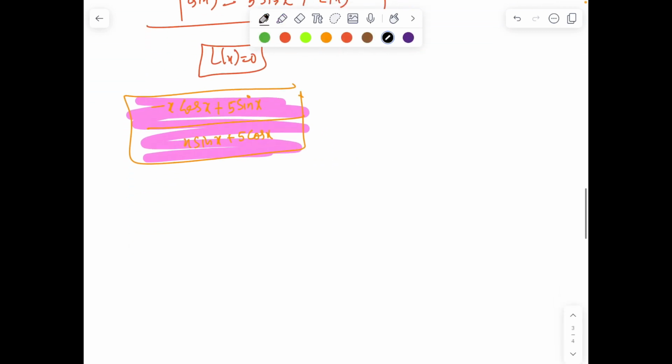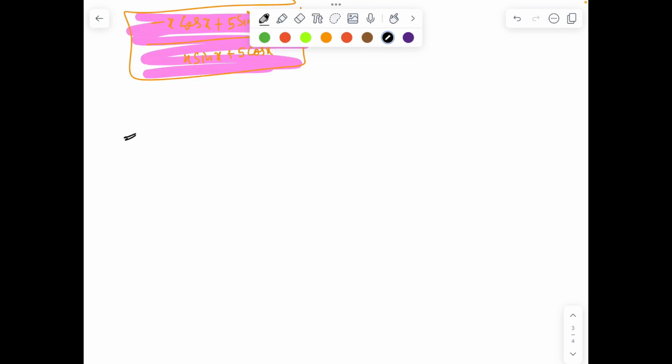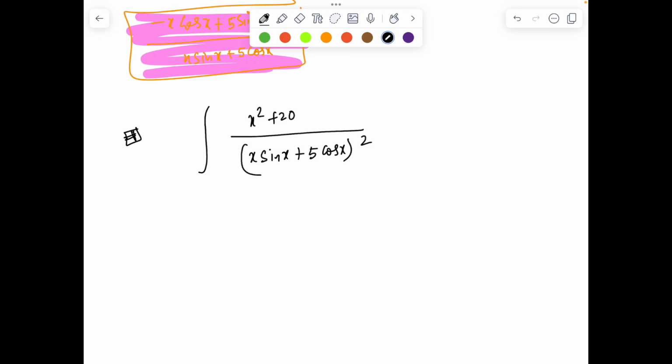The other way of thinking probably is the way we usually think forcefully. Again, I'll not say it will be a very natural solution, but somehow maybe we can multiply the denominator with x to the power of some n, because x sin x plus 5 cos x, I have told it will give a motivation for its derivative.